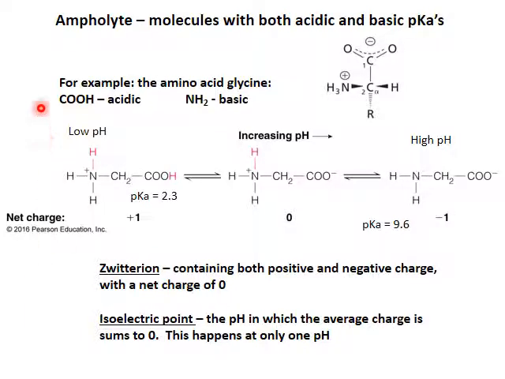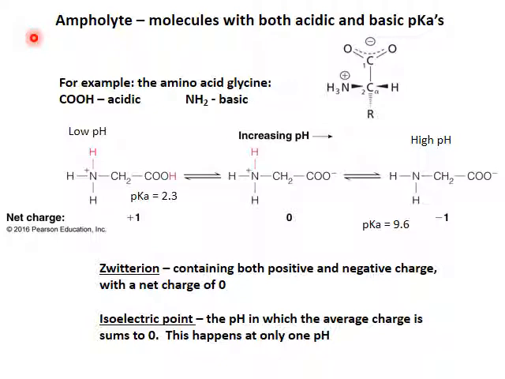So far, I've shown you some examples of a molecule with one titratable group, that was an acid, and an acid that had three titratable groups. But those are both acidic functional groups for those molecules.